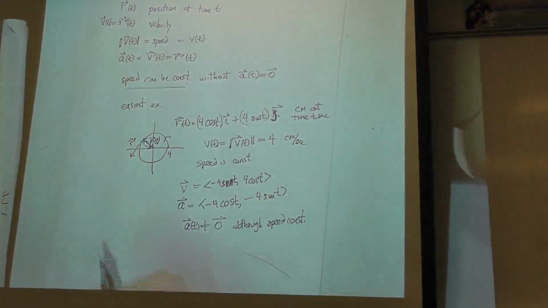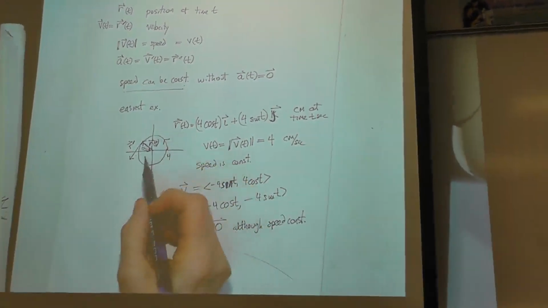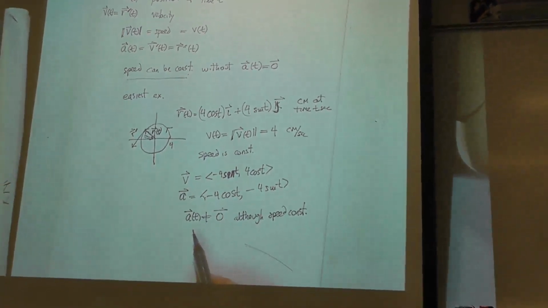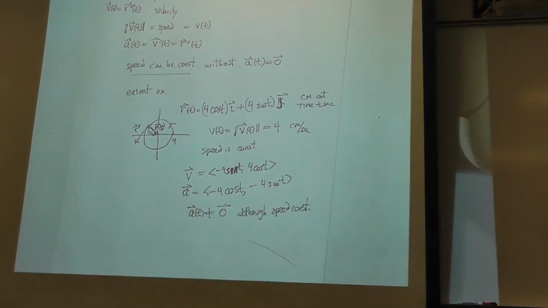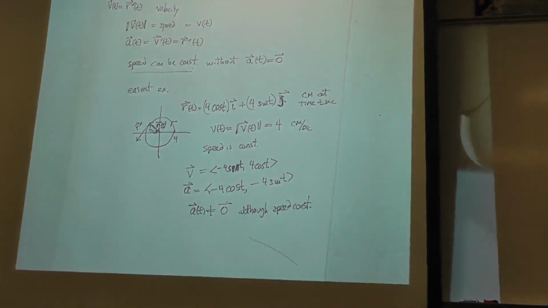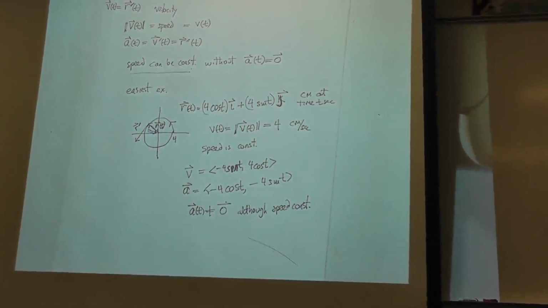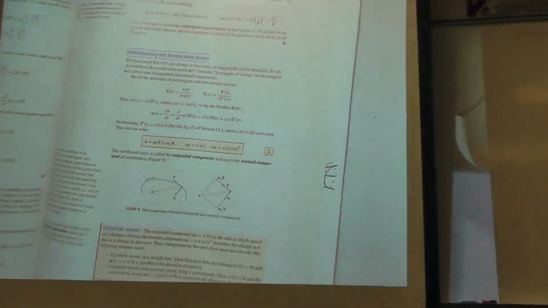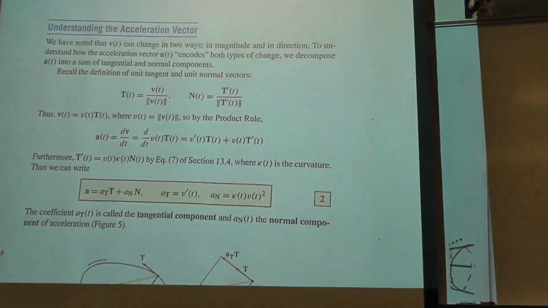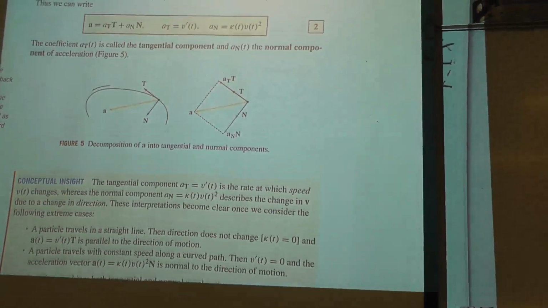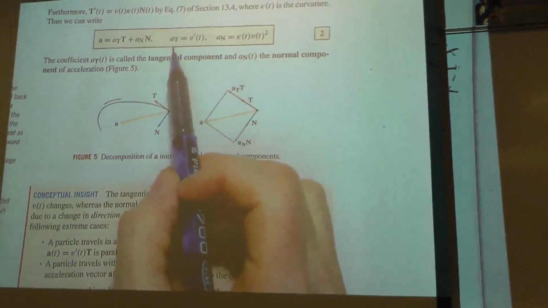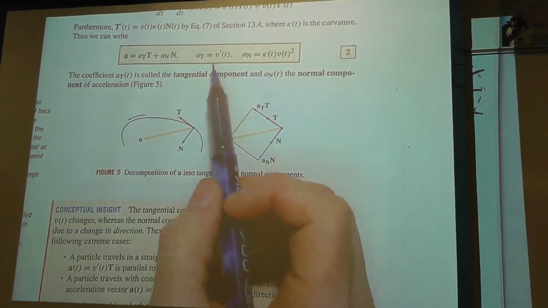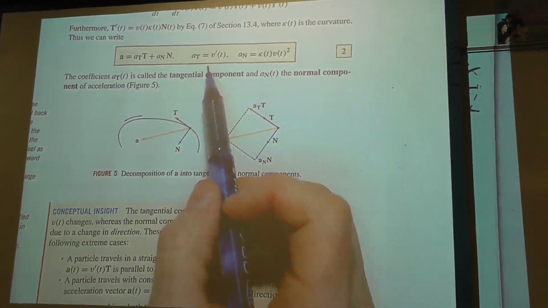Now, what I'm intuitively seeing here is that acceleration is entirely in the normal direction, and the comment is going to be, if you look at this formula for acceleration, if the speed is constant, then the derivative of the speed is 0.